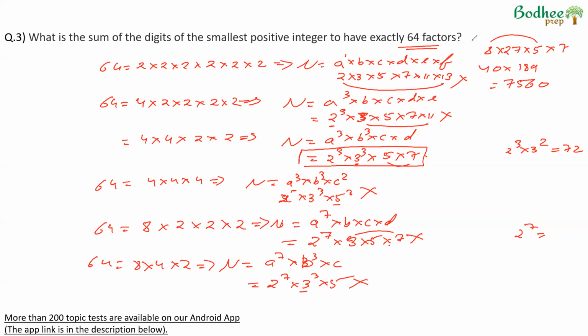The question says, what is the sum of digits of the smallest positive integer? The answer will be 7 plus 5 plus 6 plus 0, which is 7, 5, 12 plus 6, 18. So 18 is the answer to this question.